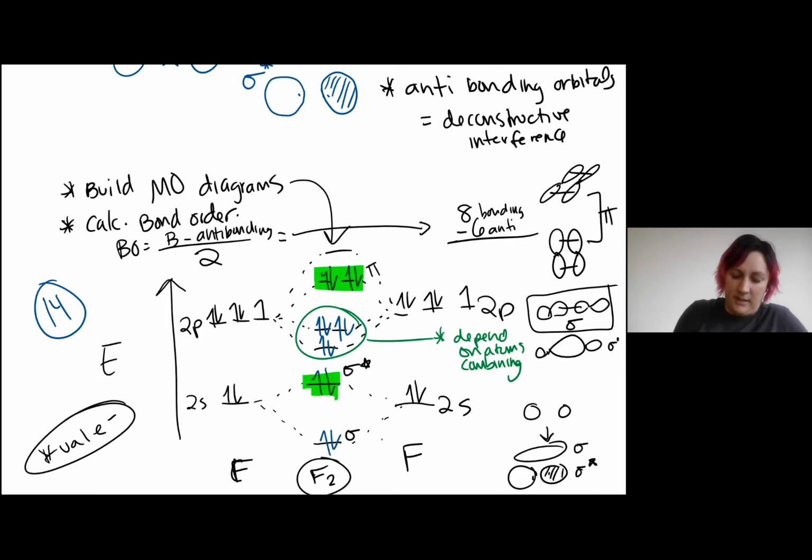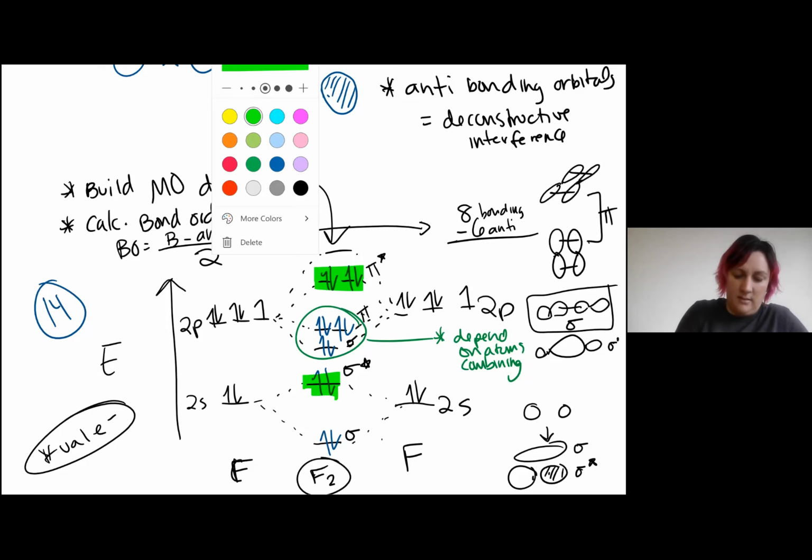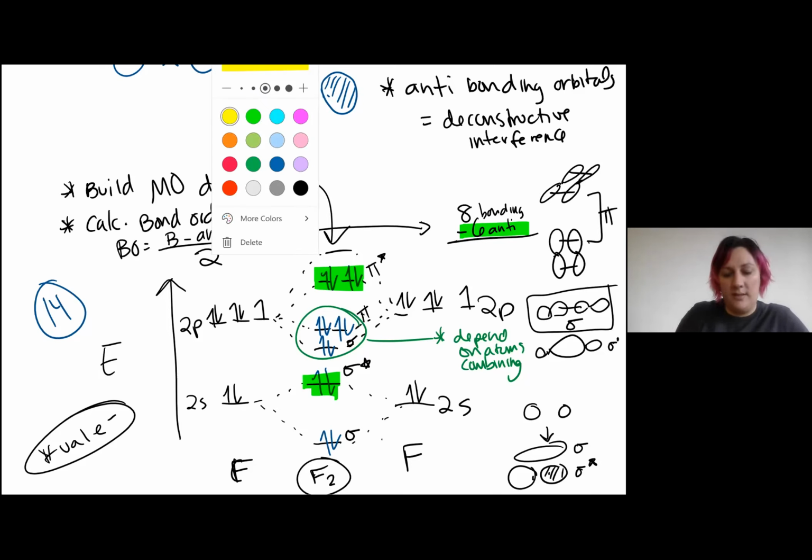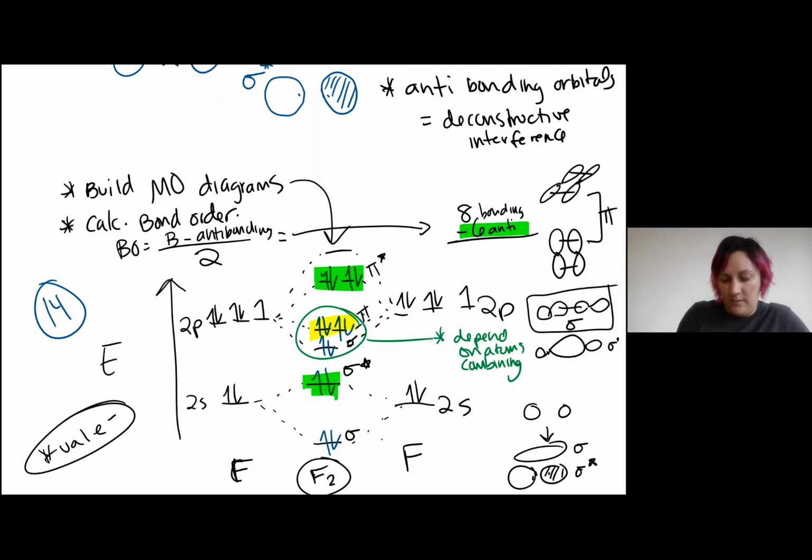So this is pi star, pi, and sigma. And the bonding ones are in the orbitals that are lower in energy, right there. So it's going to be 2 divided by 2, giving a bond order of 1.